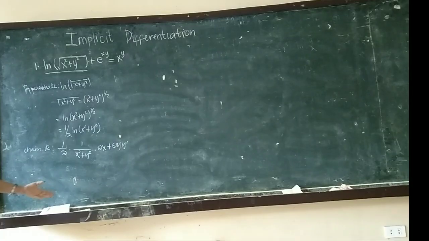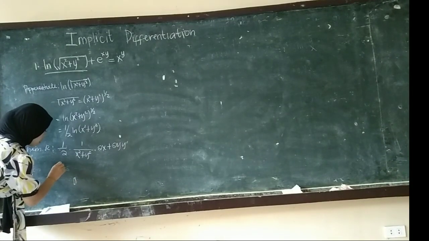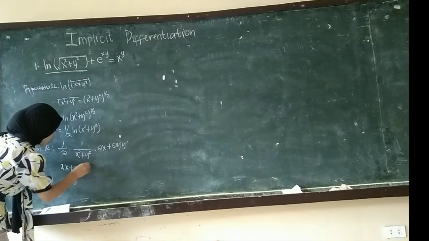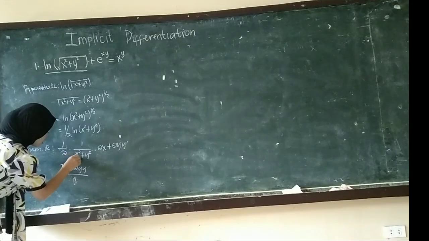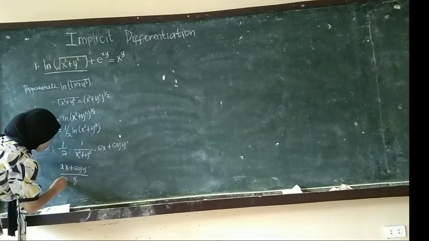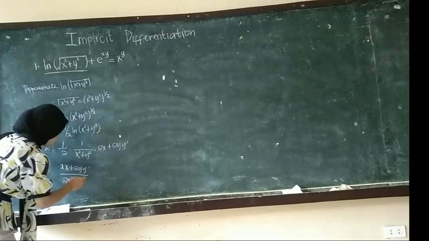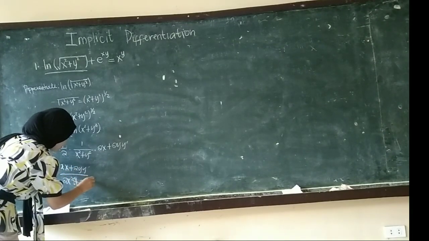And then let's simplify it. Multiplying by 2, 2x plus 2y y prime over 2 times x squared, which is 2x squared, plus 2 times y squared, which is 2y squared.